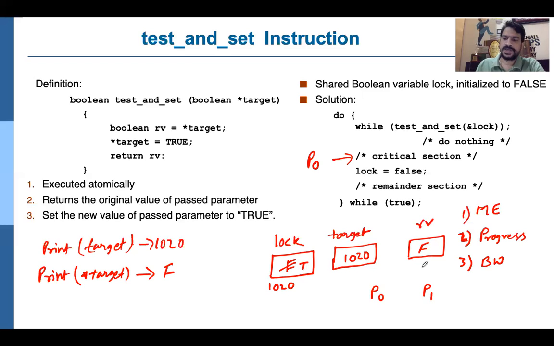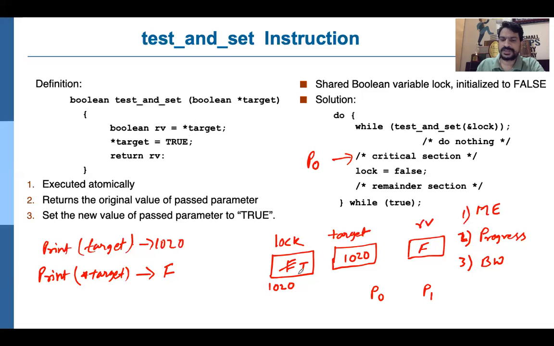Let's see. Now P1 is executing the code. It will execute the code from the beginning. So what is there in the beginning? While, test and set lock. So what is the value of lock? Lock is true, and the address is 1020. When 1020 is applied here, RV will be assigned whatever value is pointed to by the pointer.